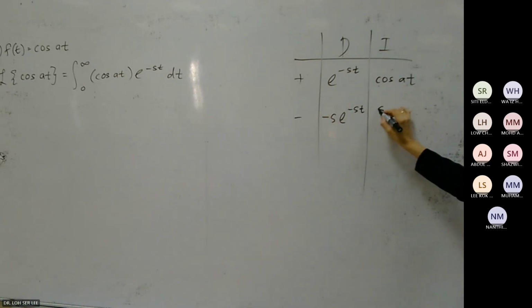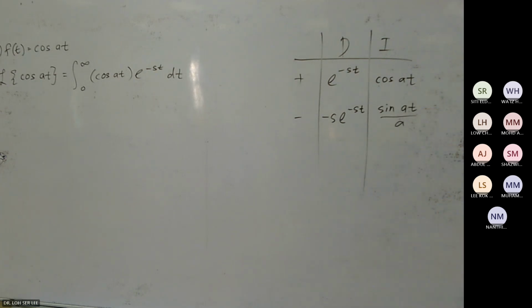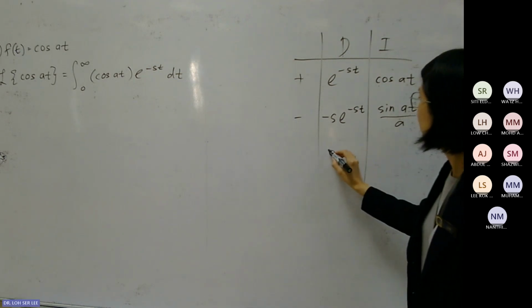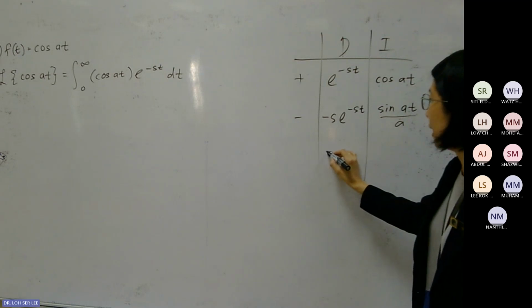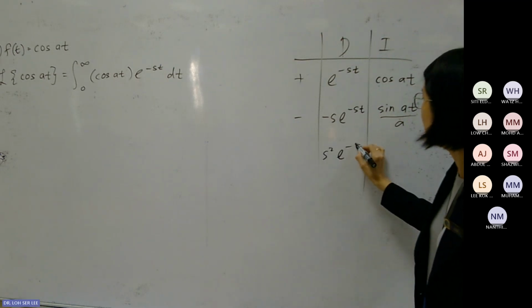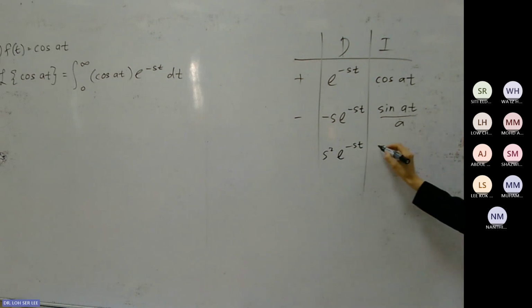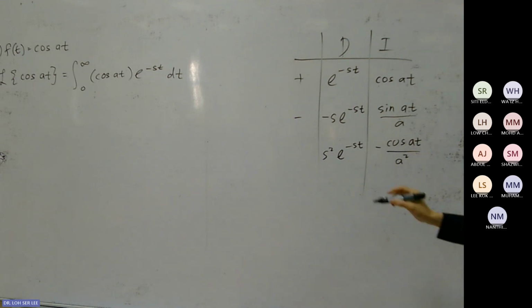Integrate. Then one more time: s squared e negative st. This one more time: negative cos at over a squared.